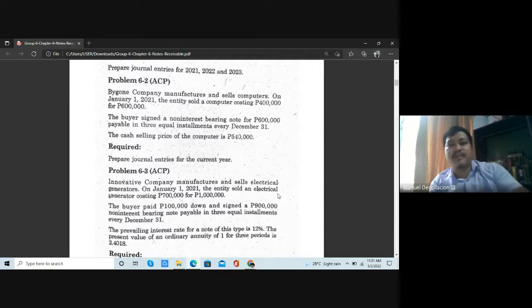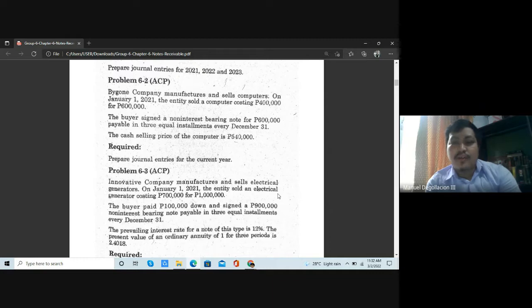So it's correct that the entry is debit notes receivable, 600,000, credit sales, 540,000, and credit unearned interest income for 60,000.